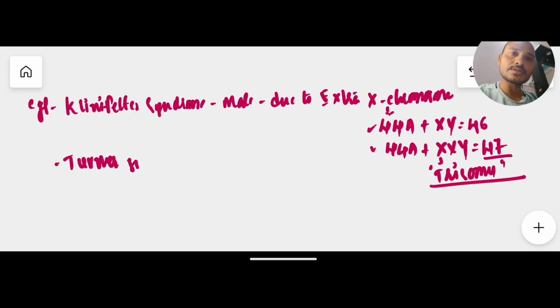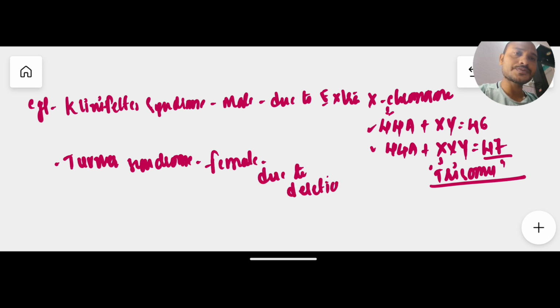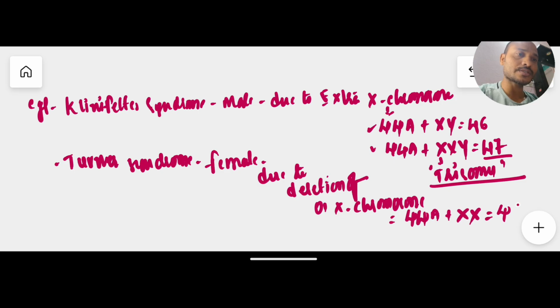Turner syndrome generally occurs in females, and it is due to deletion of one X chromosome. Generally a female has 44 autosomes and two X chromosomes, so a total of 46 chromosomes. But due to deletion of one X chromosome, the number becomes 44 autosomes plus only one X, so we have only 45 chromosomes in this condition.